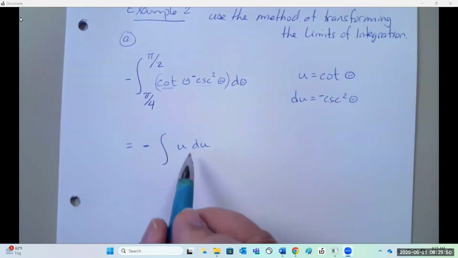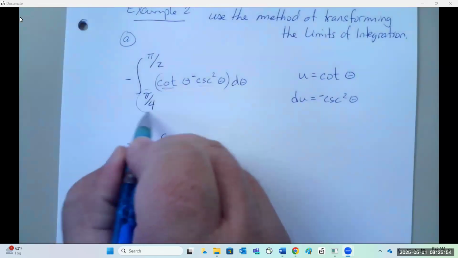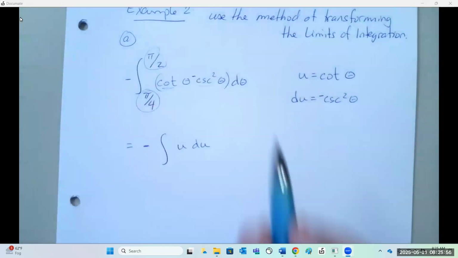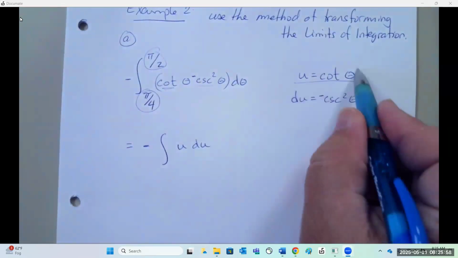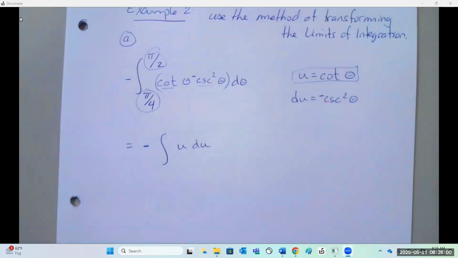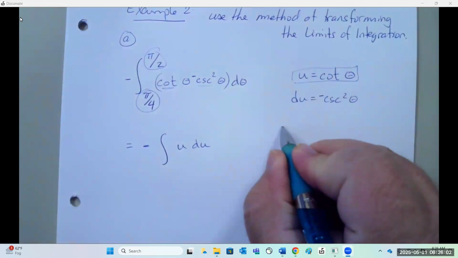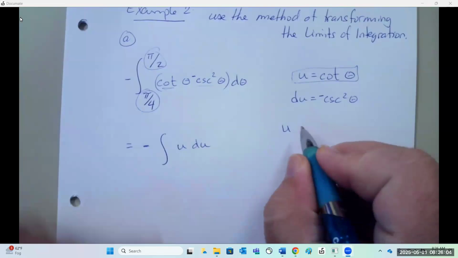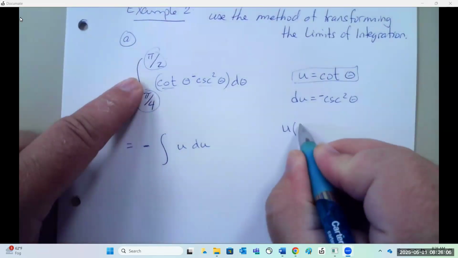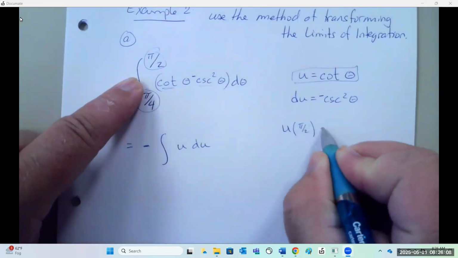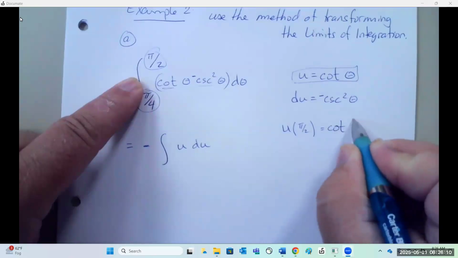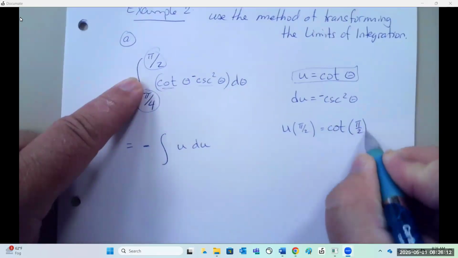Now, since we changed to substitution method, we have to transform these bounds with respect to this equation. So, on the top one, u at pi over 2. What is the cotangent of pi over 2?